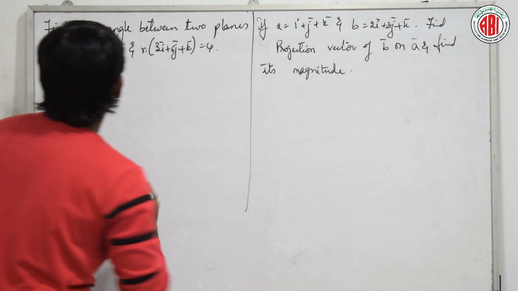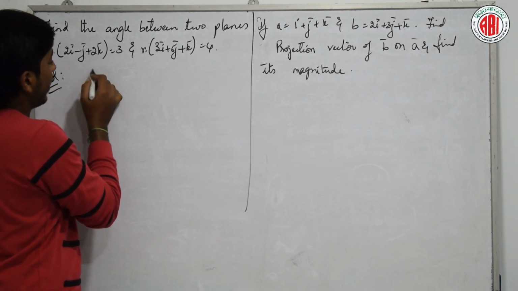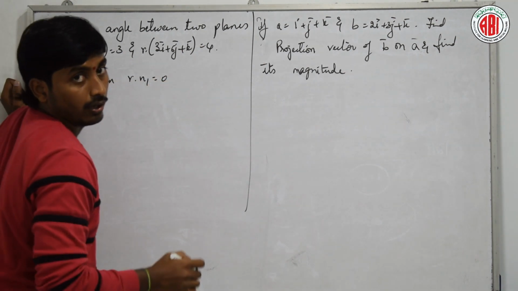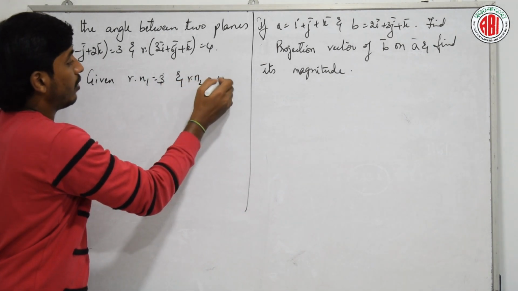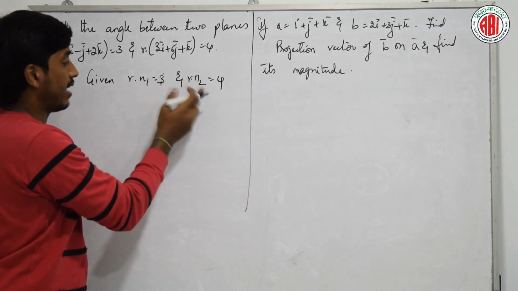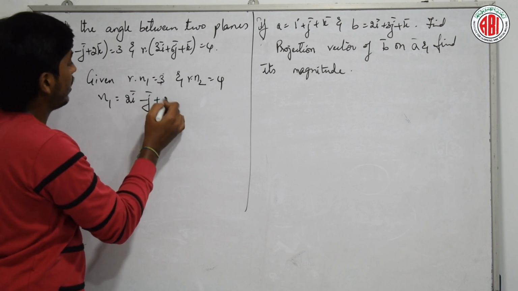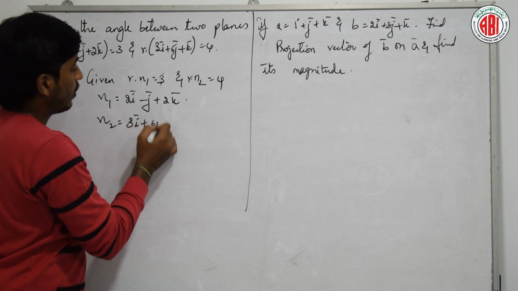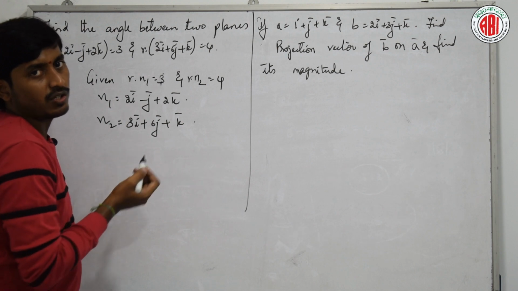This is the most popular way of representing a plane, that is, given r dot n1 equal to 3 and r dot n2 is equal to 4, where n1 and n2 are two different normal vectors. This is the standard form of normal, that is n1 is 2i minus j plus 2k, n2 is 3i plus 6j plus k. Now we have to find the angle between these two, that's it.